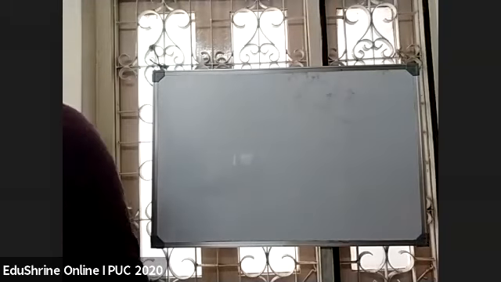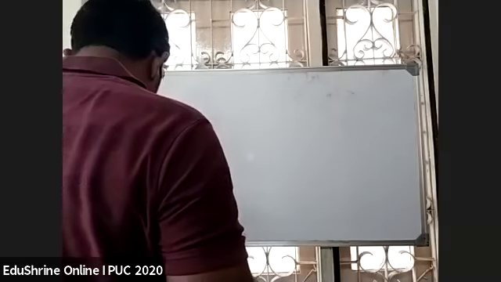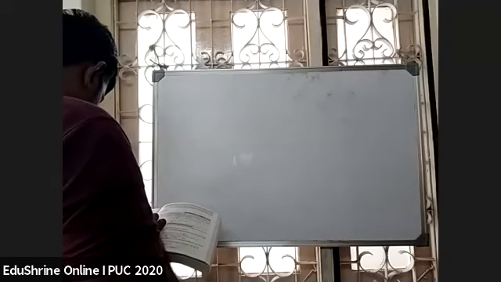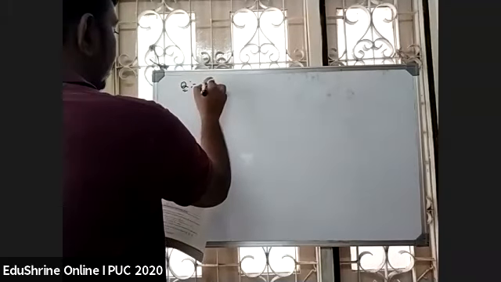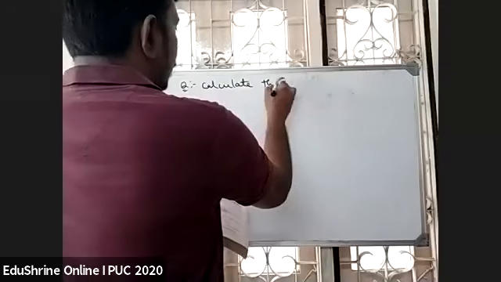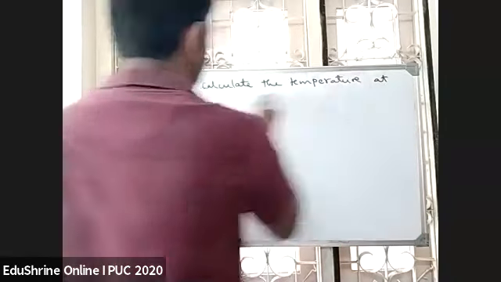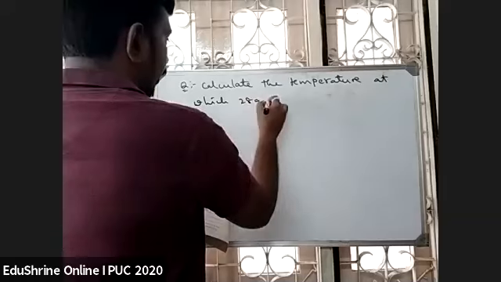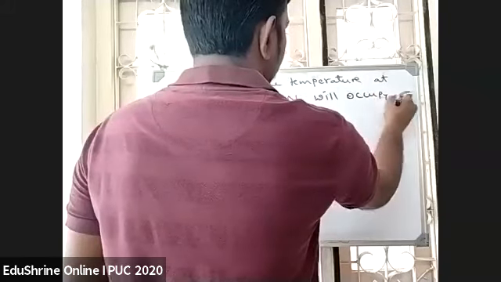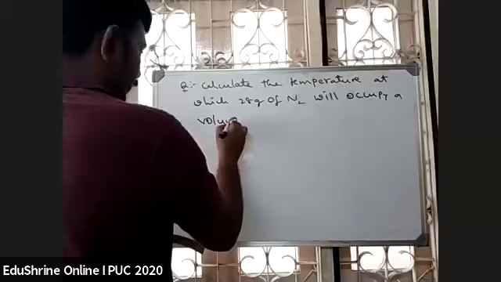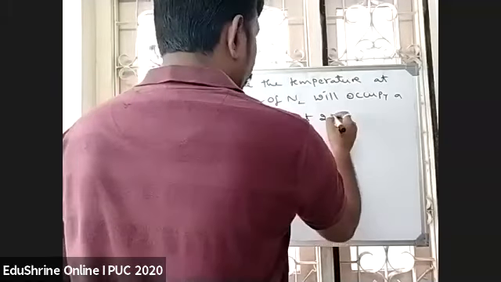Write down the question. Calculate the temperature at which 28 grams of nitrogen will occupy a volume of 10 liters at 2.46 atmospheres.